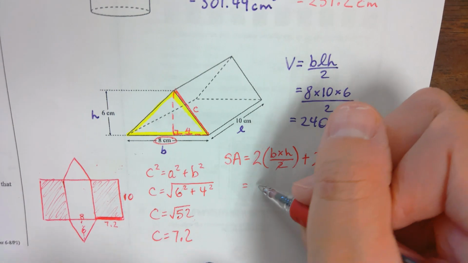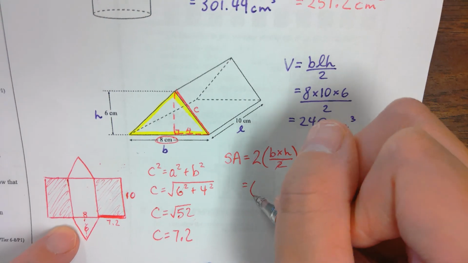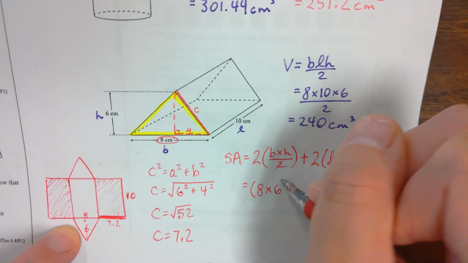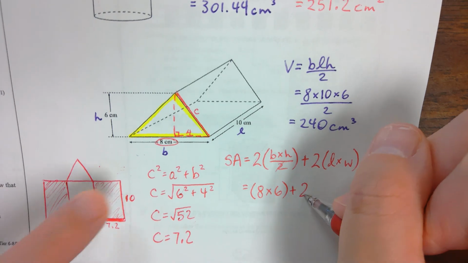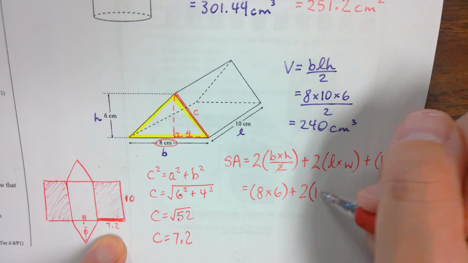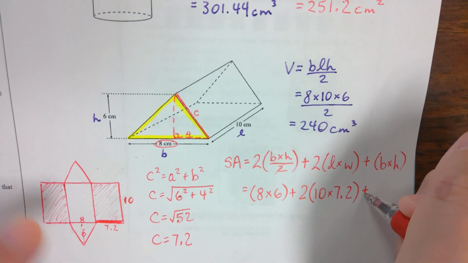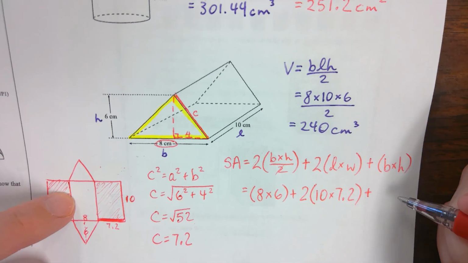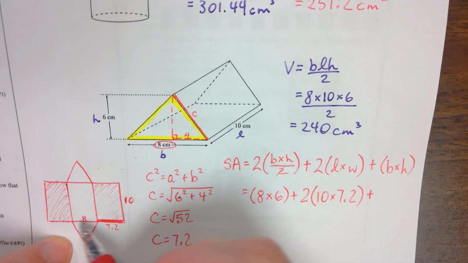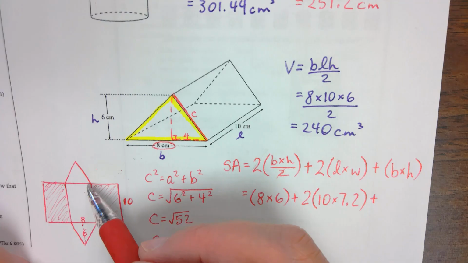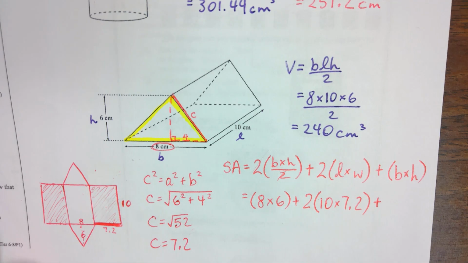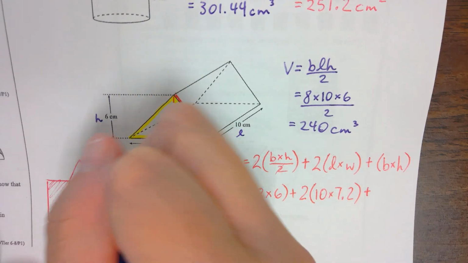Okay. So for the triangle, I have 8 times 6. For the 2 rectangles, I have 10 times 7.2. And then finally, for the middle section right here, what are the dimensions of this middle section? This part right here.